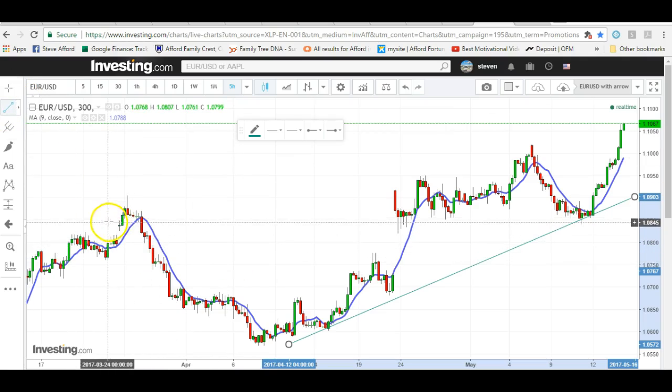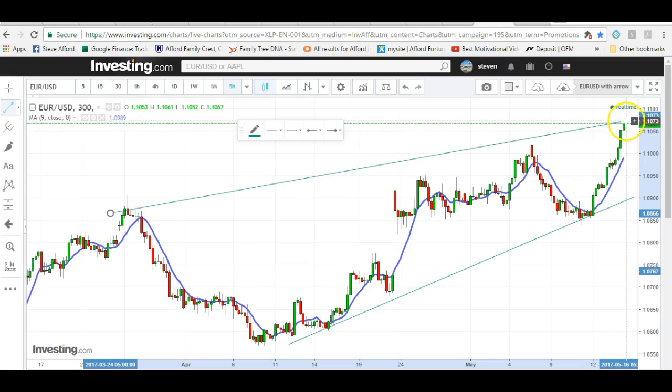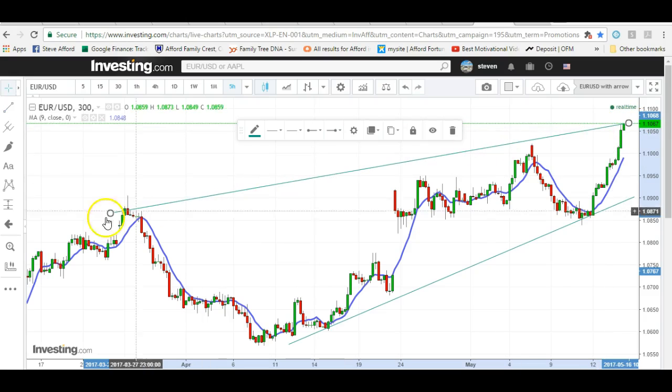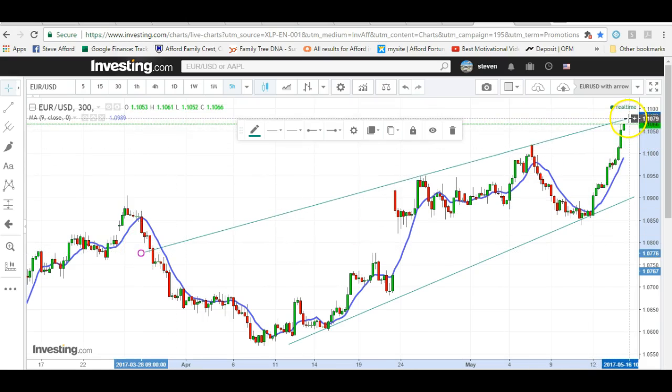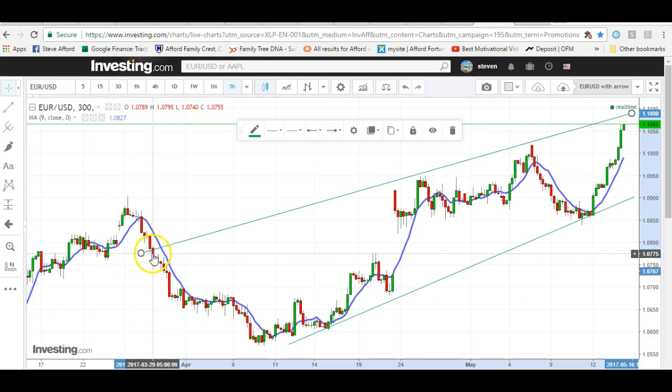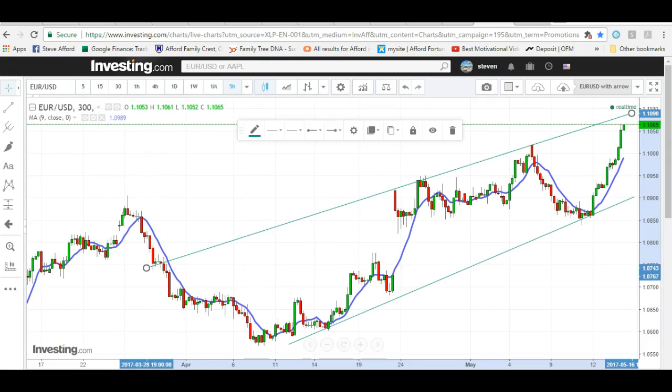And if we go a bit more at the top here, as you can see, it's going up dramatically, which is a very good reference point to be purchasing some Euro USD at the time when I made the call, around about 1.08. But in the meantime, as we can see, it's reading 1.1065, which is a dramatic money maker from that point to where it is today.